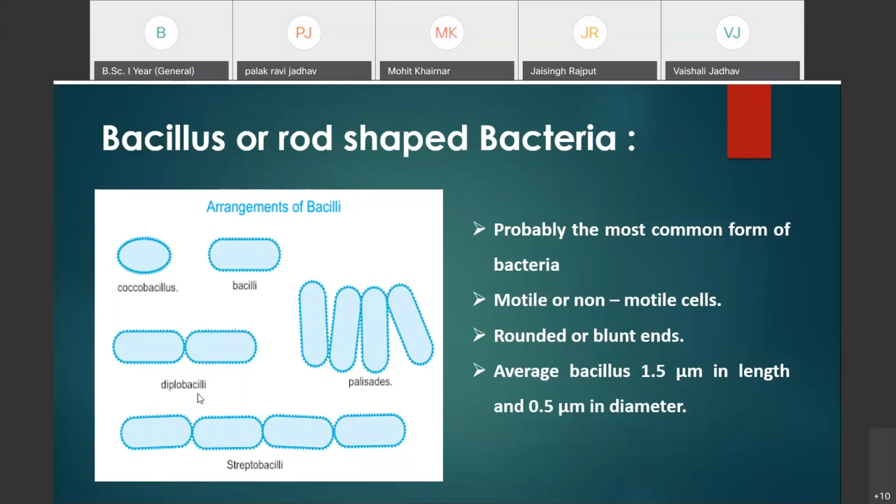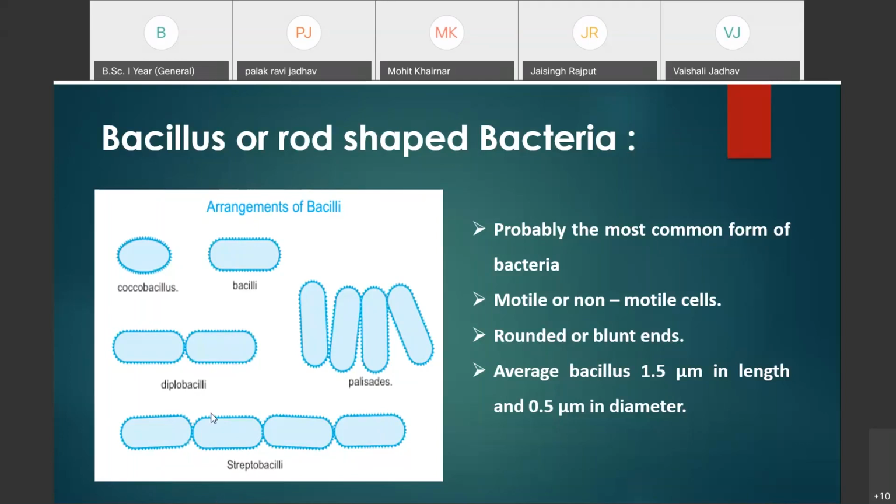The example of the diplobacilli is Corynebacterium diphtheriae, while the example of the streptobacilli is Bacillus tuberculosis, the bacteria responsible for tuberculosis in human beings. A group of bacteria occurring in a long chain is said to be the streptobacillus.